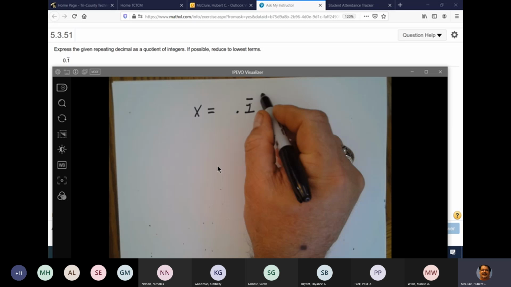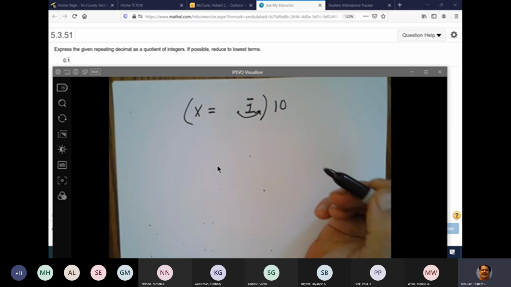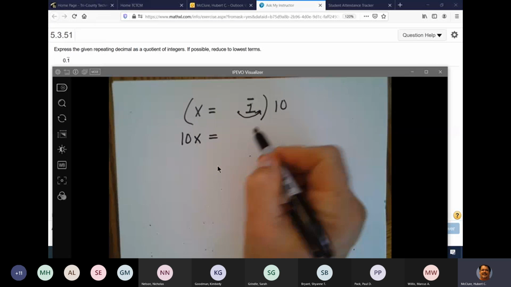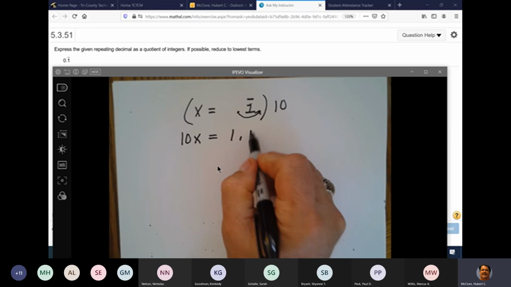In some ways, sometimes they want you to multiply by 100. But I think since this is the 10th place, I'm going to move that here like that, and I get 10x is equal to 1.1 repeating.